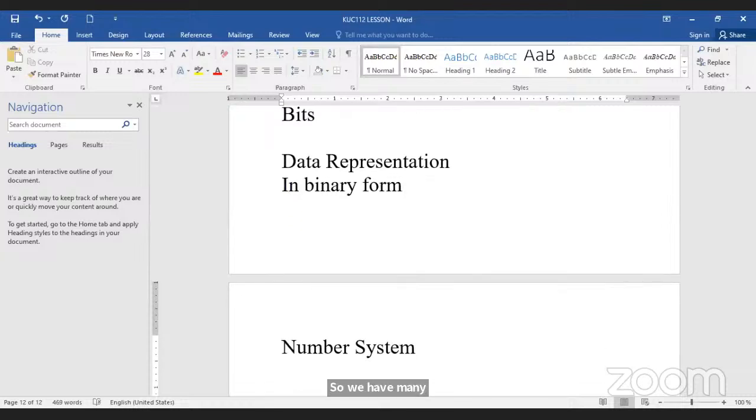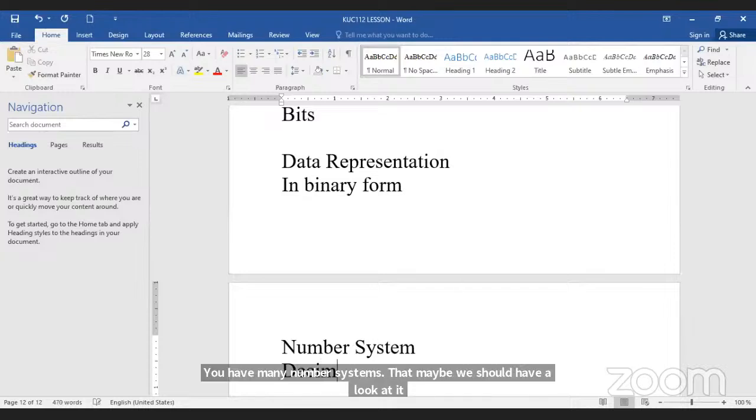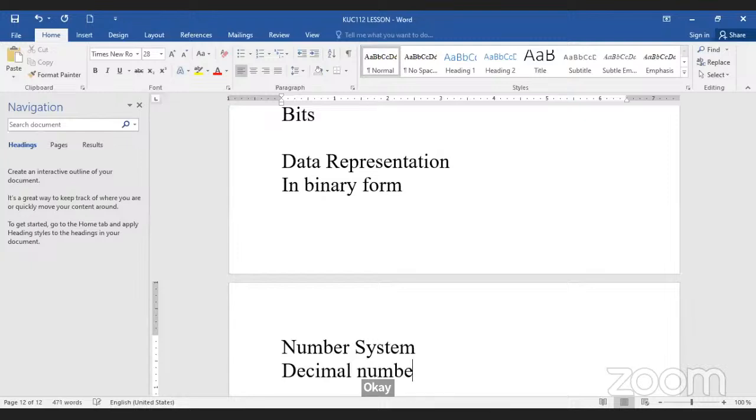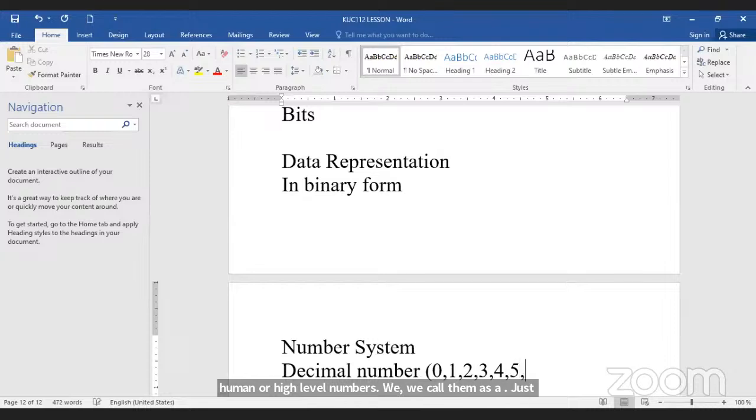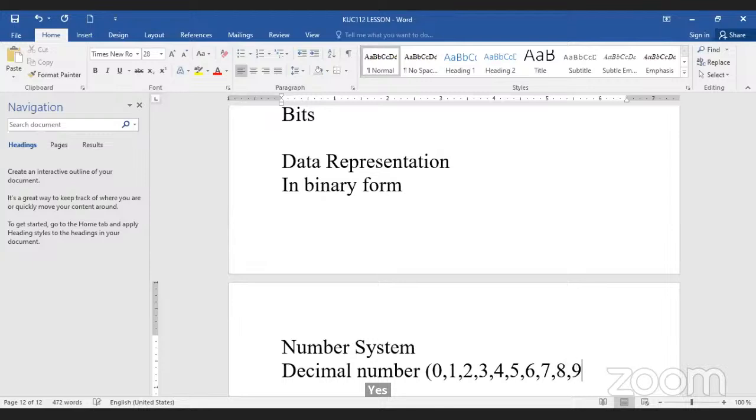We have the normal, human, or high level number system, which we call decimal numbers. These are counting numbers 0, 1, 2, 3, 4, 5, 6, 7, 8, 9.